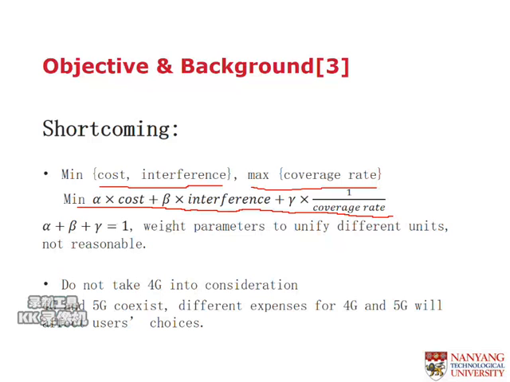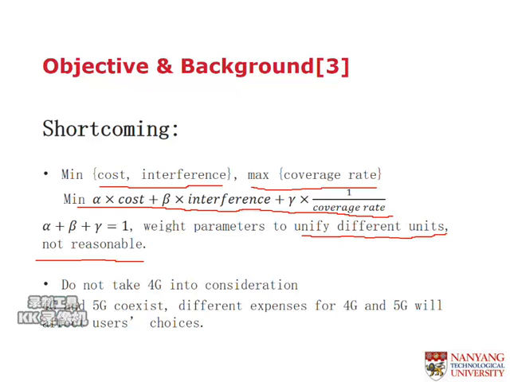The objective function uses weight parameters alpha, beta, and gamma to unify different units, so that different units could be put into one objective function. However, it is not reasonable. In the real world, we have already used 4G for a while.